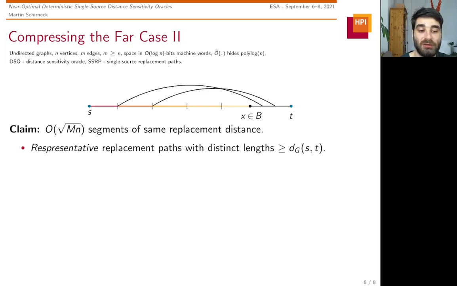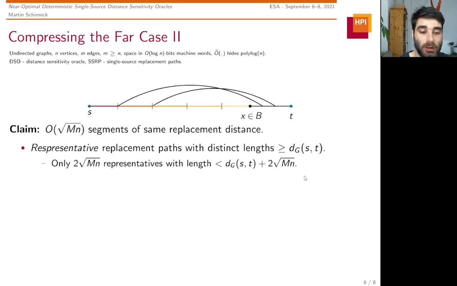All representatives have distinct length and are, of course, at least as long as the original graph distance from S to T. So immediately from that, we get that the number of representatives that are short, namely smaller than the original distance plus 2 times the square root of capital M times N, is bounded by this excess over the distance. So their number is at most 2 times square root of capital M times N.